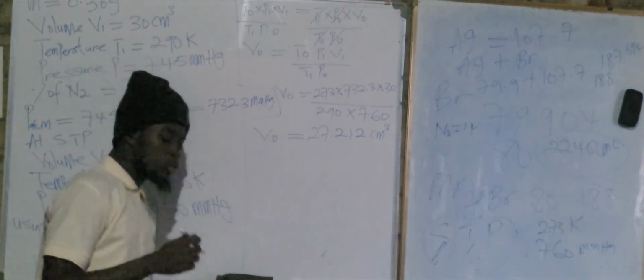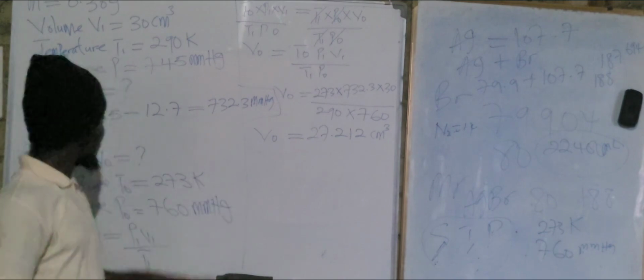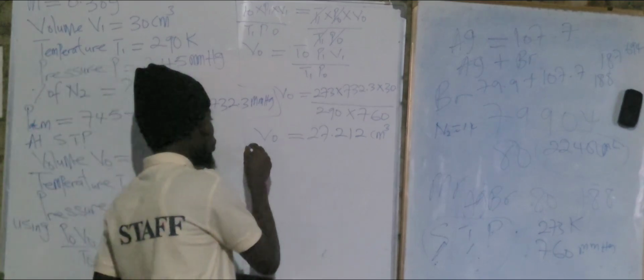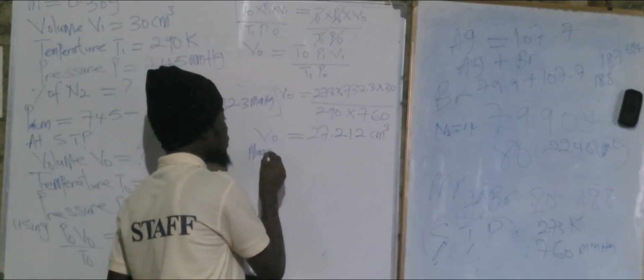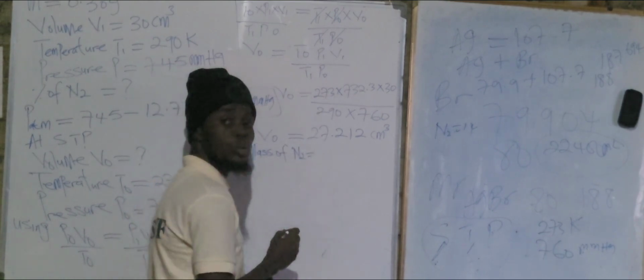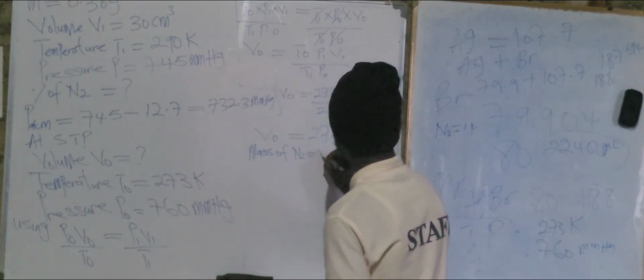But we are not asked to find the volume. Without the volume, we cannot find the percentage of nitrogen, because we also have the mass of nitrogen.